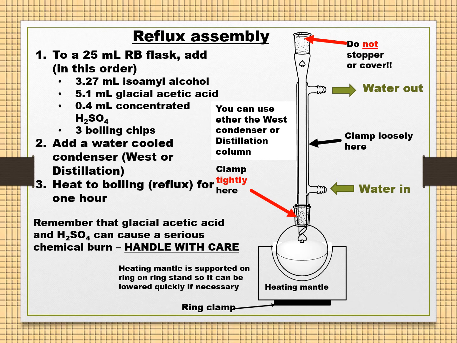And before you even start the heating, check that the water is flowing slowly in the condenser, and water must come in from the bottom and exit from the top, so that the cold water will take some time in the process.